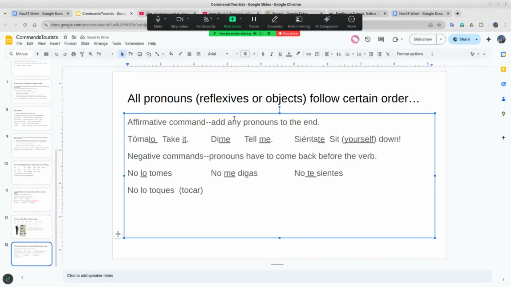Tocar gets an opposite vowel and it just has that Q because it's the spelling thing. If I were to spell it in writing as this, this would not be toques from tocar. This would be toses. So we have to do the Q thing, but tocar has a k. Yeah, toques. Okay. So no lo toques. This thing is just a spelling thing. That's all it is. No lo toques. Don't touch it.